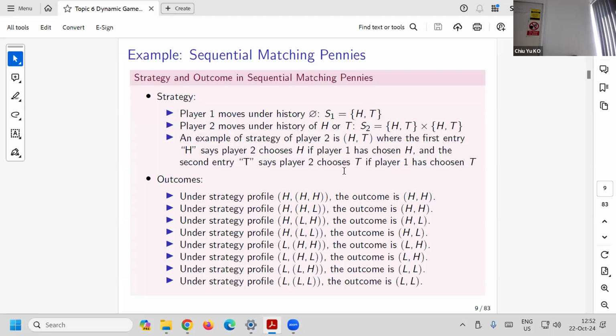To check whether H is a Nash equilibrium, first you check whether player 1 will deviate, which means you compare H and L, these 2, and that's it. Then for player 2, hold player 1 at H and check whether player 2 wants to deviate to these 4. If none, then this is a Nash equilibrium. So to check every single strategy profile, this is how you would do it for Nash equilibrium.